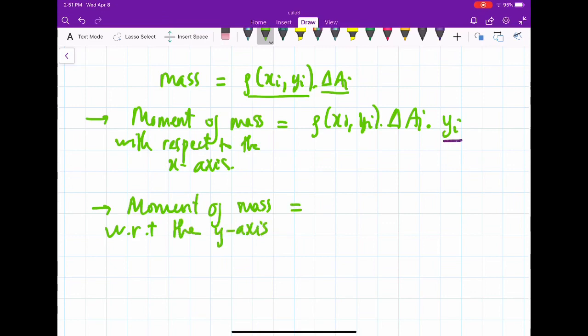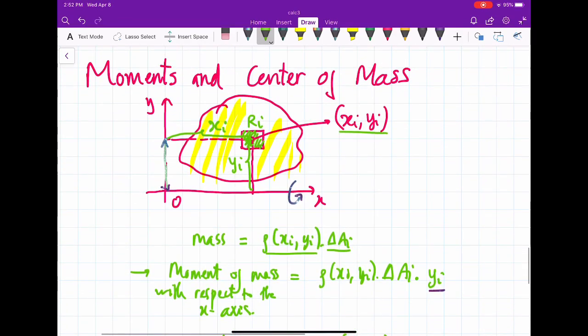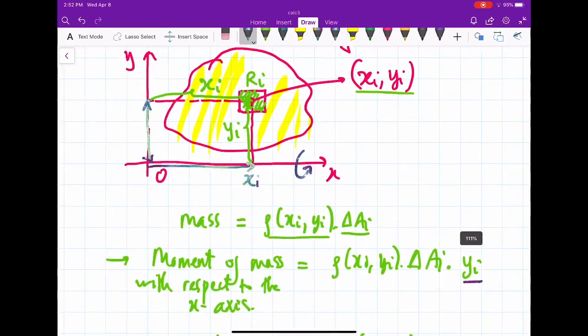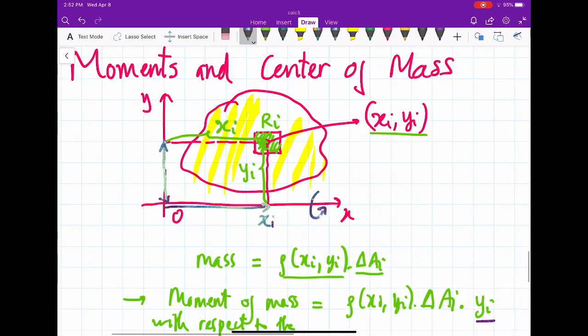For the y-axis, that should be equal to rho xi, yi delta ai times xi, where xi is the distance from that point to the y-axis. That is the xi. Makes sense? All right, now we have the moment of mass of a small piece of that partition.